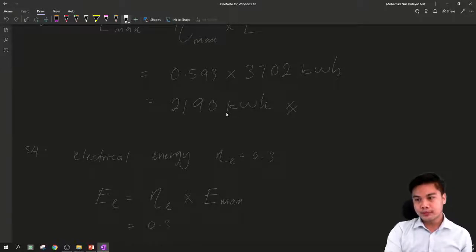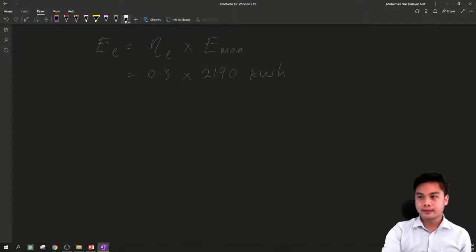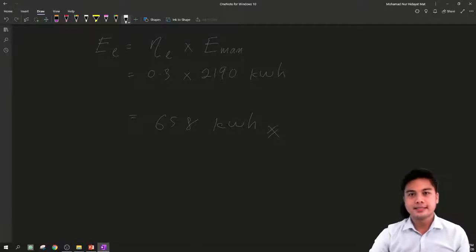So 0.3 multiplied with 2190 kilowatt hour. And finally, you will get 685 kilowatt hour. That is the final answer for the electrical energy generated. That's all.